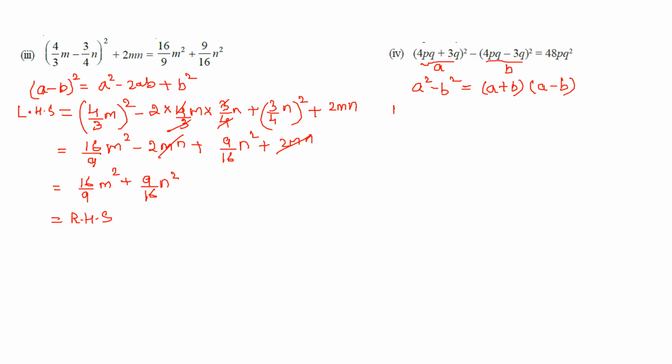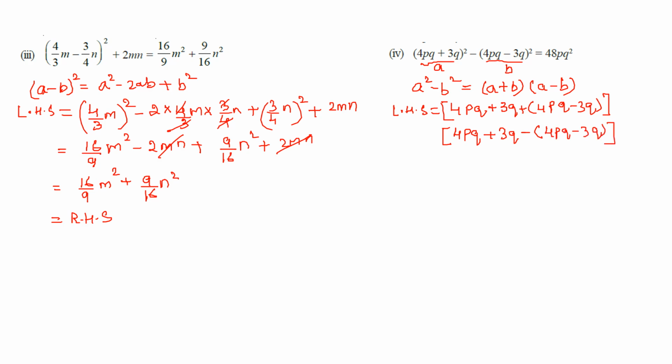So I will take the LHS and I will use first a plus b. So it will be 4pq plus 3q plus 4pq minus 3q. So this is my a plus b. Now a minus b will be 4pq plus 3q minus 4pq minus 3q.